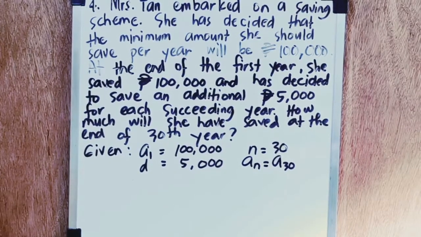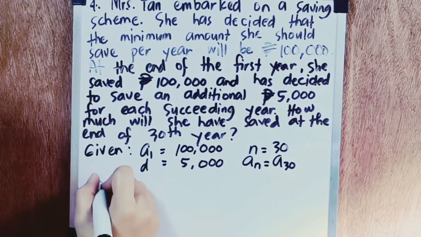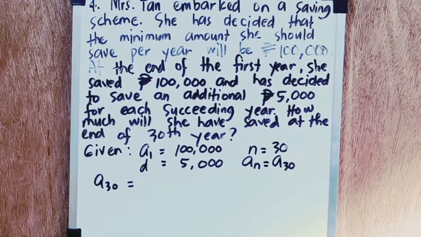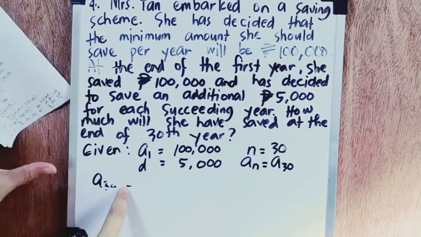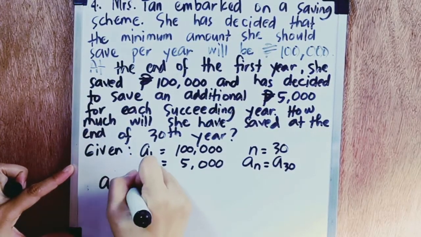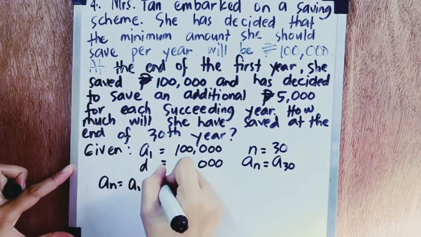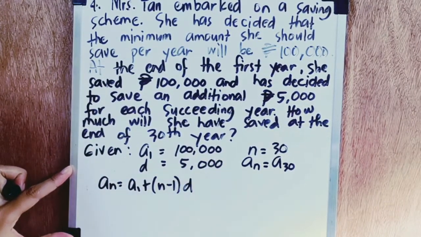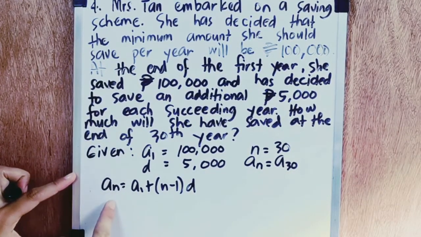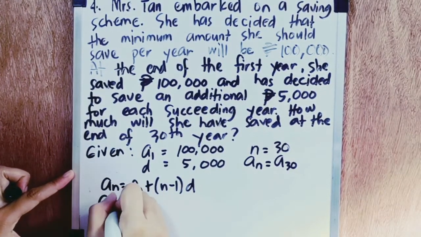First thing that we're going to do is to find first the A sub 30 by using the formula A sub n equals A sub 1 plus n minus 1 times d. So, A sub 30: substitute the value of A sub n to A sub 30.